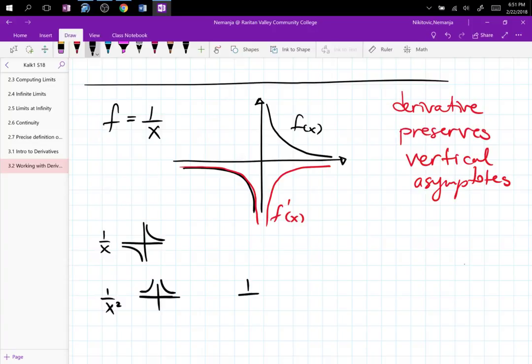But then 1 over x squared with a negative 1 on top flips the graph into what we have as the derivative. And this is the derivative.